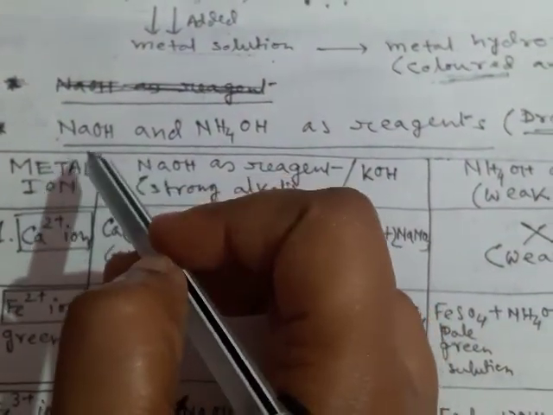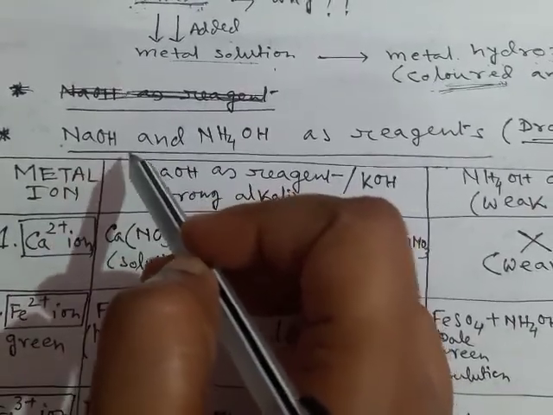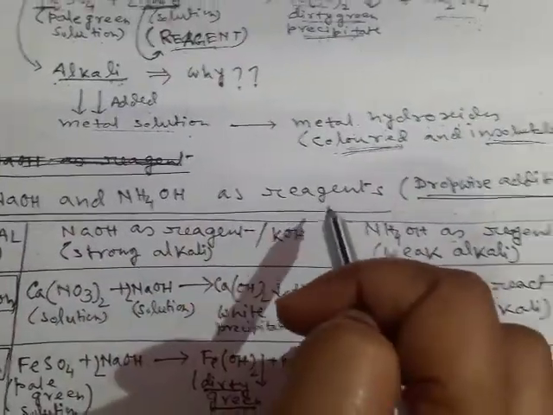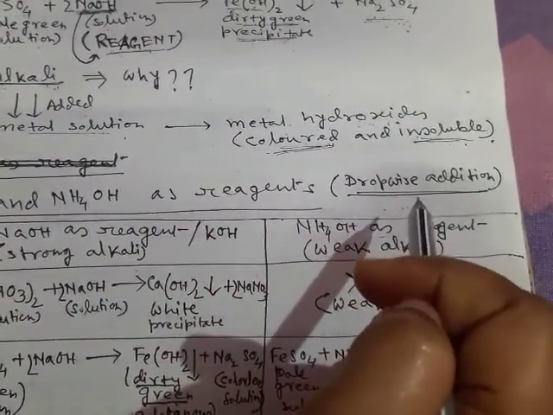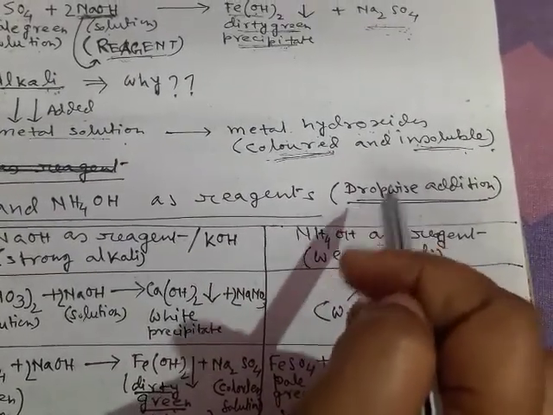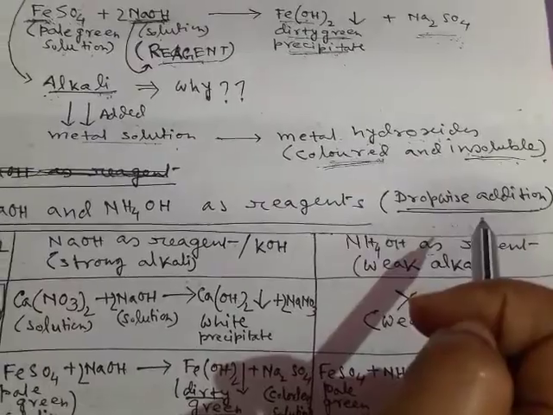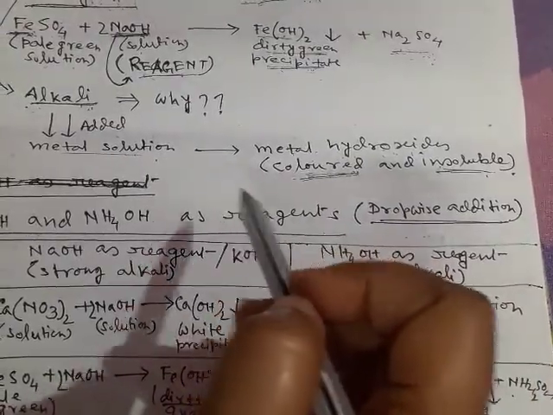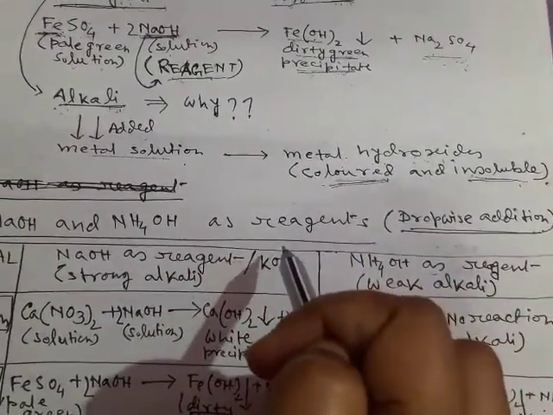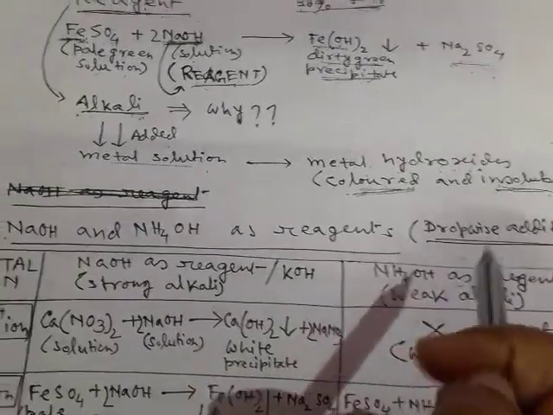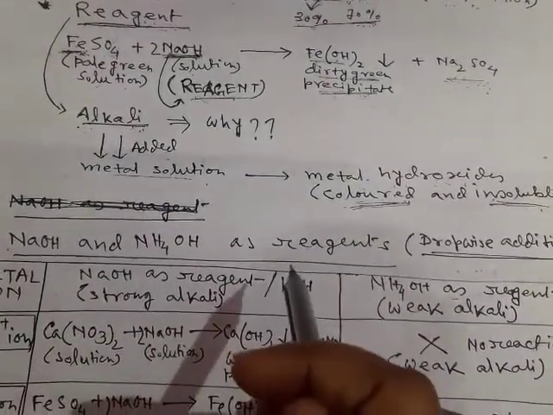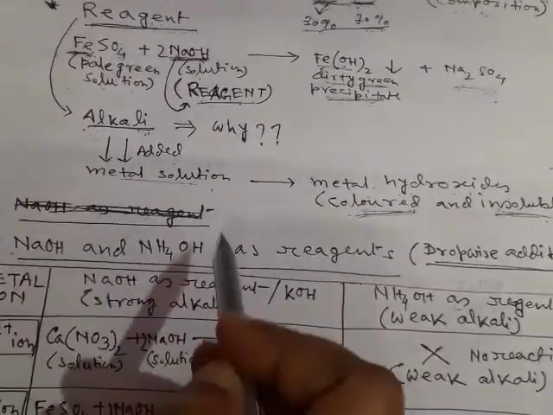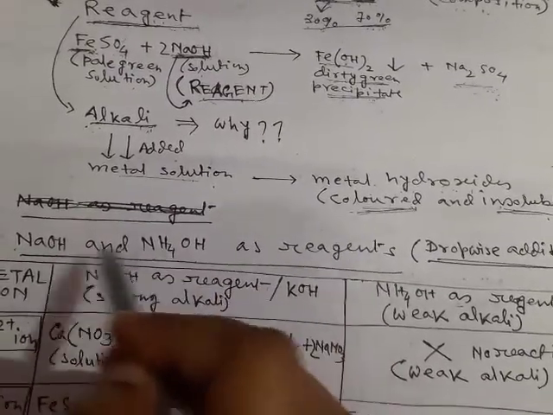Here mainly we will discuss the sodium hydroxide and ammonium hydroxide as reagents. When the alkalis are used as reagents, we have to add these alkalis in dropwise fashion to the metal solution, because if we add all the alkali at a time, then in some cases the precipitate formation may be missed, because after formation of precipitate, if you add excess of alkali, this precipitate becomes soluble in presence of excess alkali.